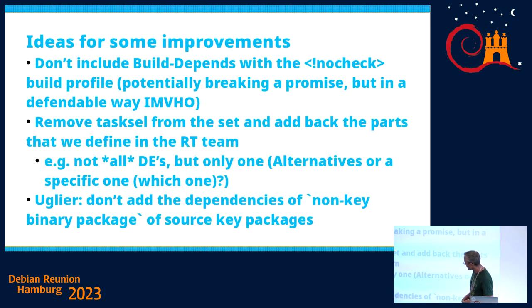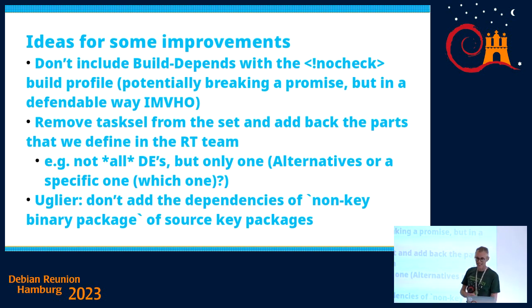Then slightly uglier option. I wrote it down here for a bit of completeness because it was in my mind. You could also, when you're looking at source packages that are a key package because one of their binaries is needed, then the other binaries I could treat as not key, so I don't need to add their dependencies, but then these dependencies are not installable, which is really rather ugly.